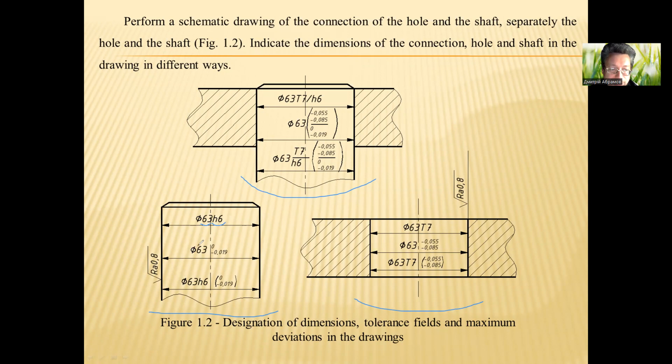The second variant of designation of the dimension of the shaft: we have a nominal diameter and deviations, upper limit deviation and lower limit deviation of the shaft. And the third variant: we have nominal diameter 63 millimeters and tolerance field and upper and lower deviations, both of these parameters.